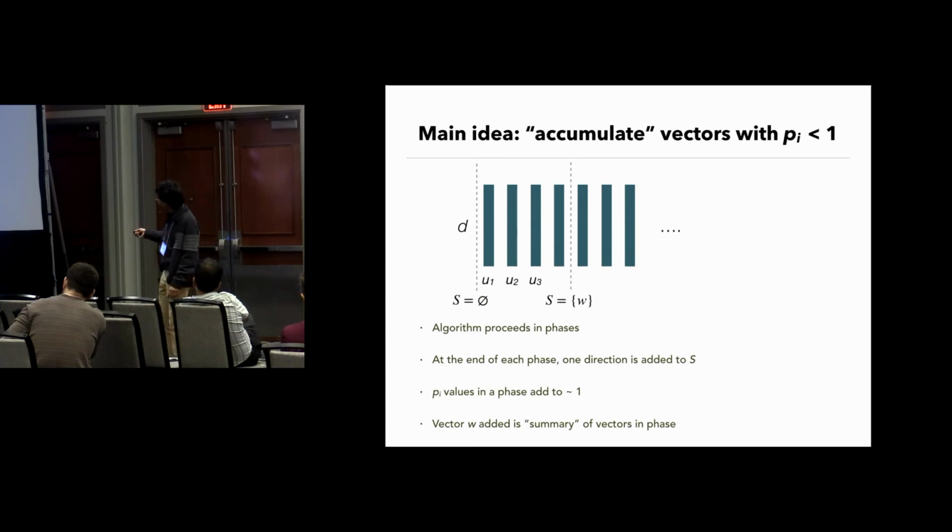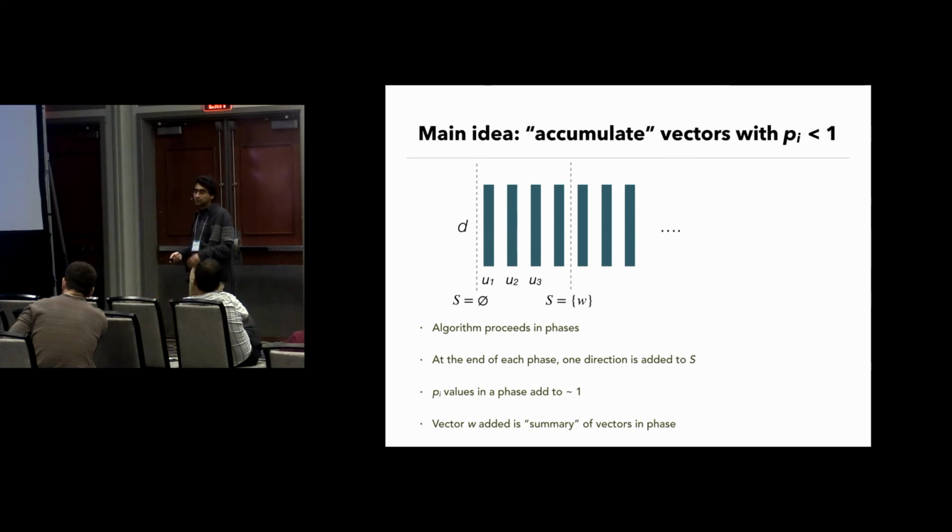The idea is that you look at these vectors in phases, and in some sense, each phase is just a set of vectors whose p-values add up to 1. At the end of each phase, we add one direction to this set S, and this one direction will, in some sense, be a sketch of all the vectors in that phase.